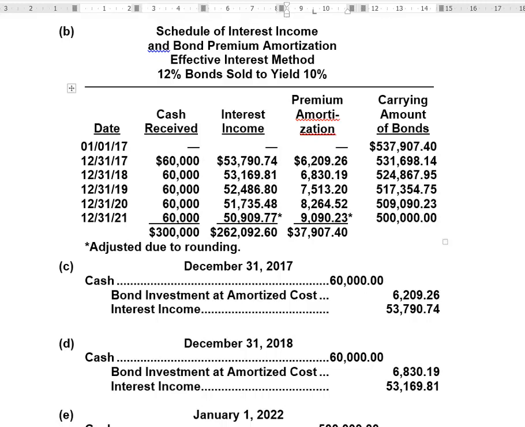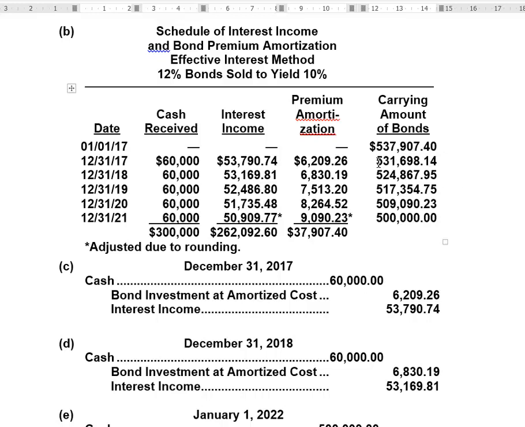So the difference between those two is the amount of premium we're amortizing. So now if we deduct this premium from the carrying value, we're going to get a carrying value for the bond at the end of year 2017 at $531,698.14. So notice the carrying value of the bond is decreasing or going down to bring it closer to the face value.